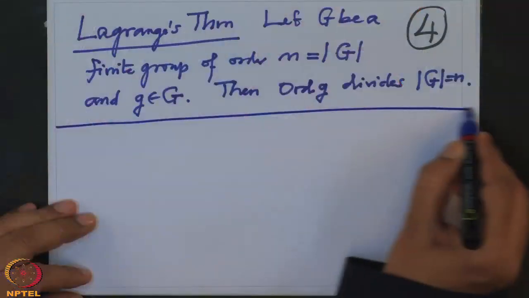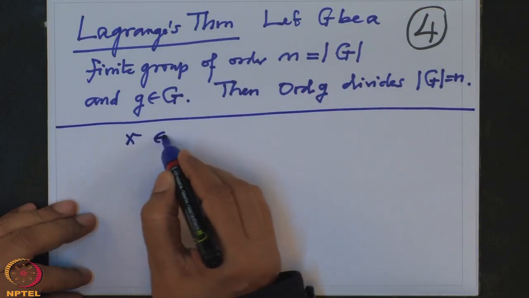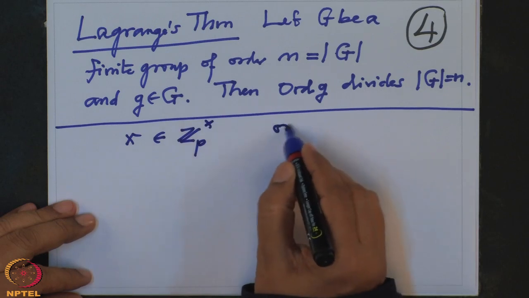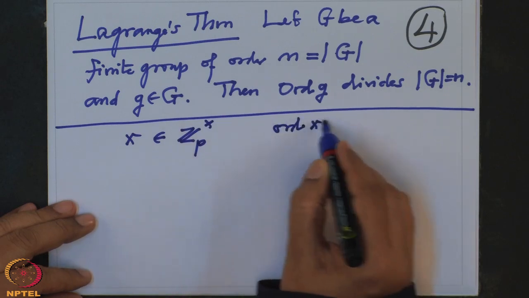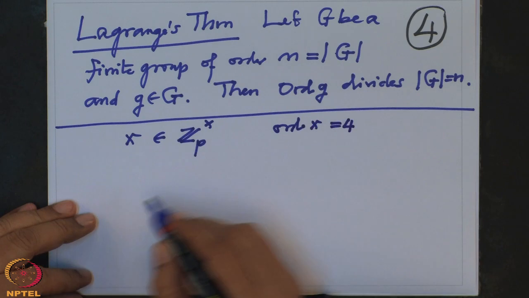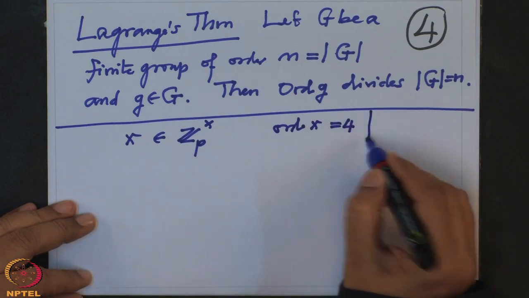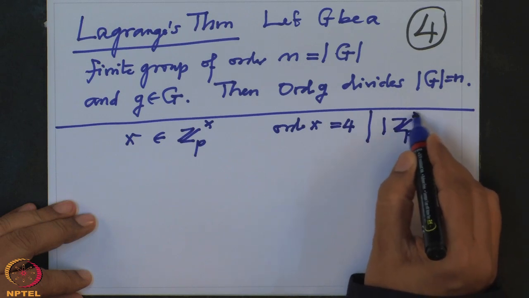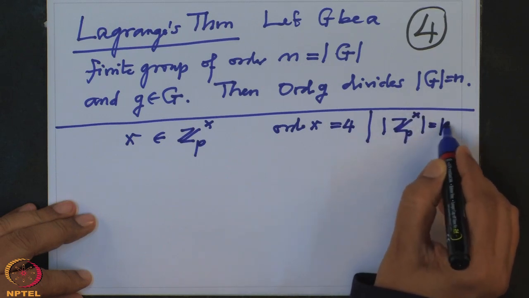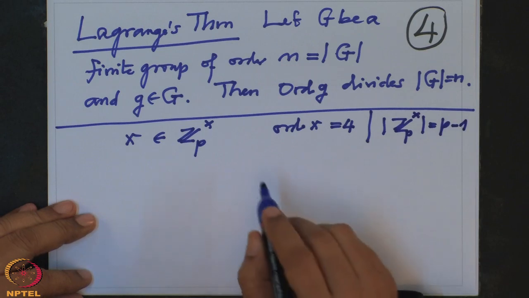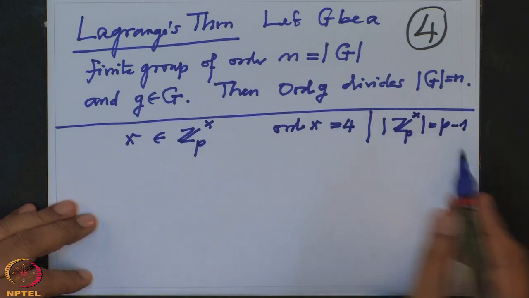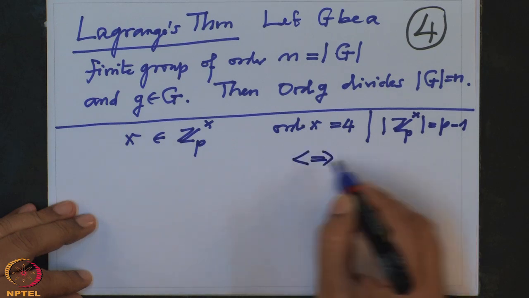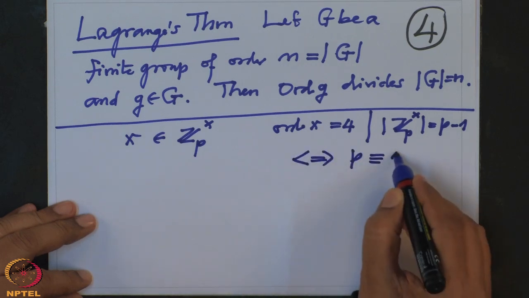So we have the situation: x was an element in Z mod p cross, and the order of x is 4. But then 4 should divide the order of Z mod p cross. But Z mod p cross is of order p minus 1. So 4 should divide p minus 1, but this is equivalent to saying p is congruent to 1 mod 4.